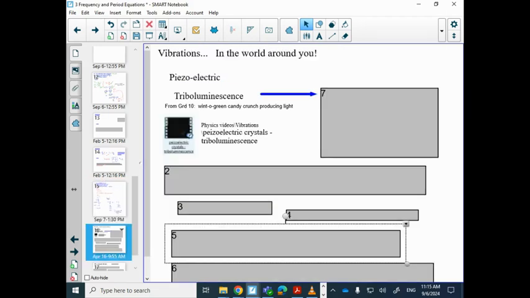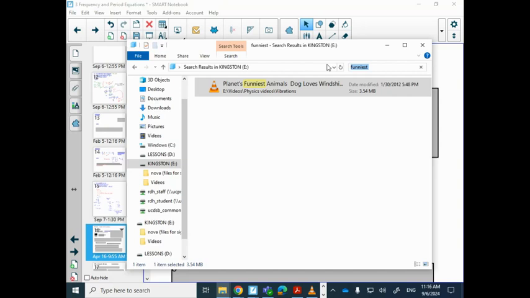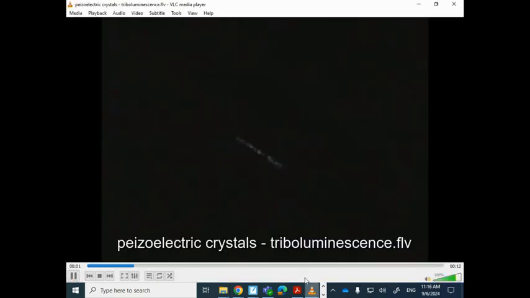And so just some fun stuff on the end here: the piezoelectric crystals. Just some examples of vibrations you might not have thought of, but you have probably actually used in your life. I'll show you how and why. So this is piezoelectric crystals right here.